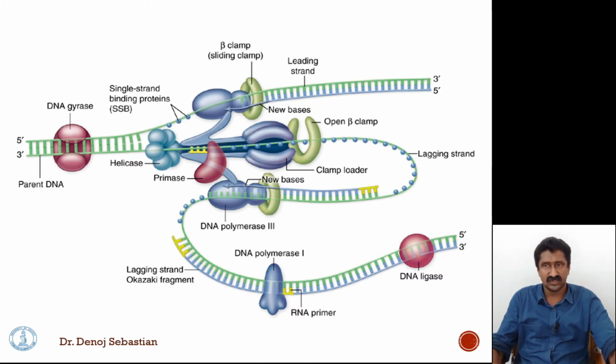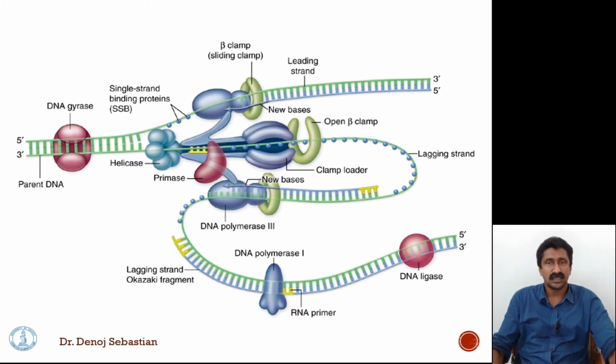This is the DNA gyrase enzyme, or the topoisomerase, which releases the tension accumulated due to unwinding in this region. And this is the helicase enzyme, which goes on unwinding the DNA strand. And these are the single strand binding proteins which keep the DNA strands single stranded and also protected.